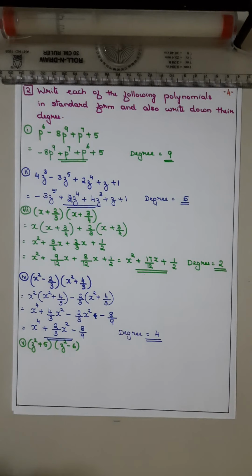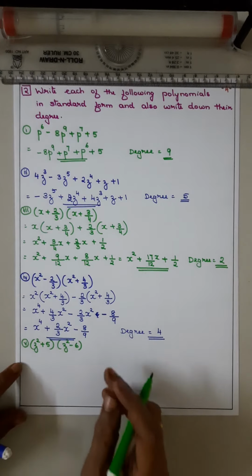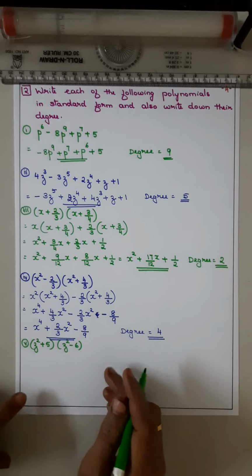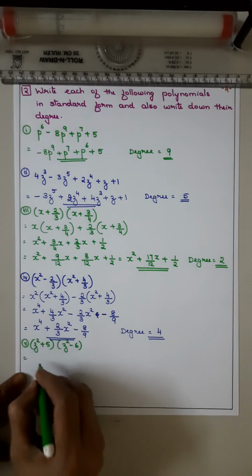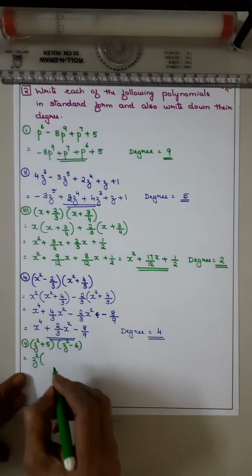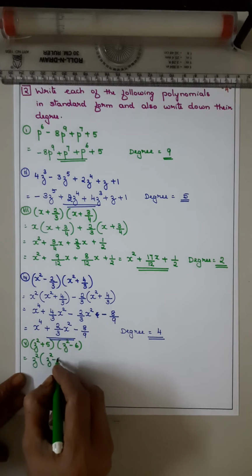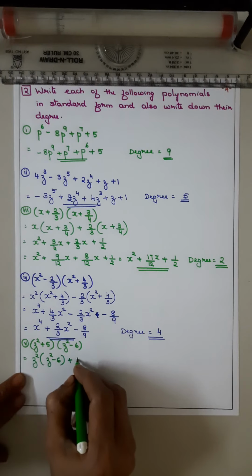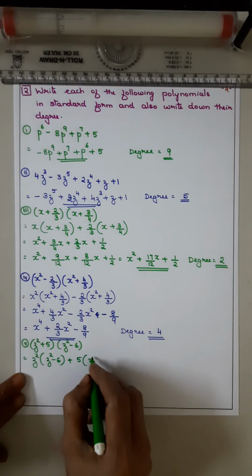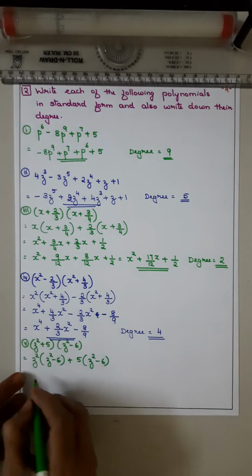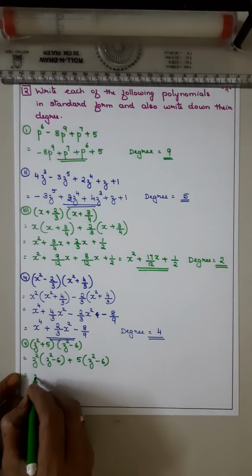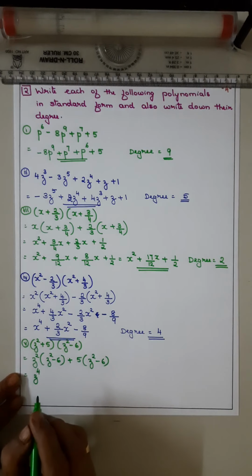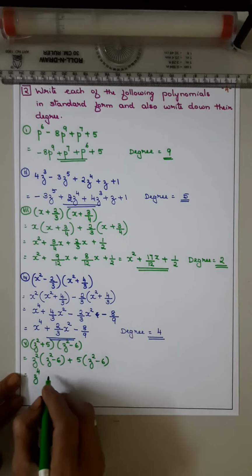Now coming to the fifth sum, it is z squared plus 5 bracket z squared minus 6. So z squared bracket z squared minus 6 plus 5 bracket z squared minus 6. Now z squared becomes z to the power 4.